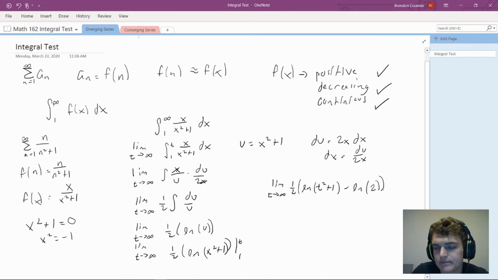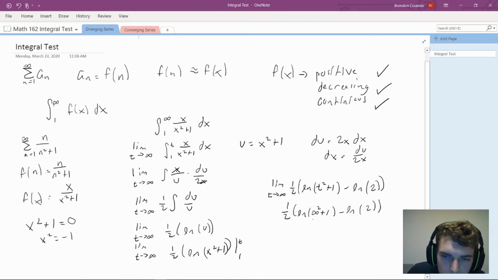Okay. All right, so now we can plug in our limit. So then this is going to be 1/2 times the ln of infinity squared, sorry, plus 1 minus the ln of 2.